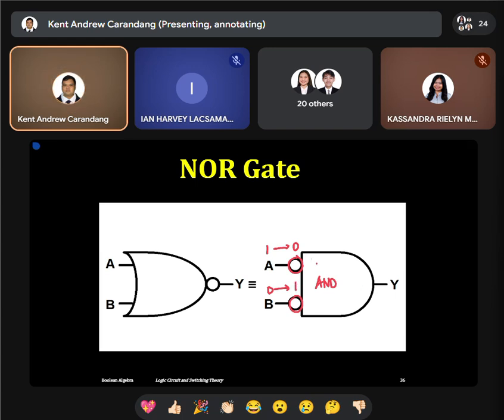And then the equivalent for AND, with 0 and 1 as inputs, what is the output? Anyone?